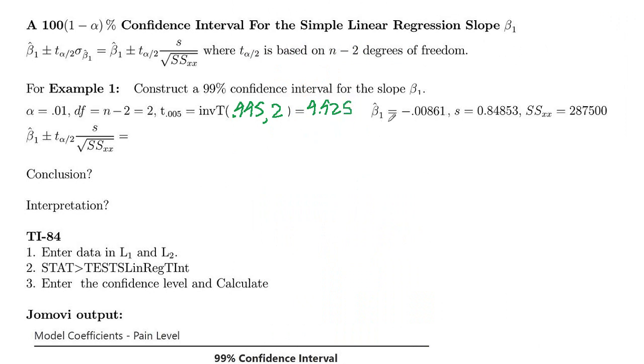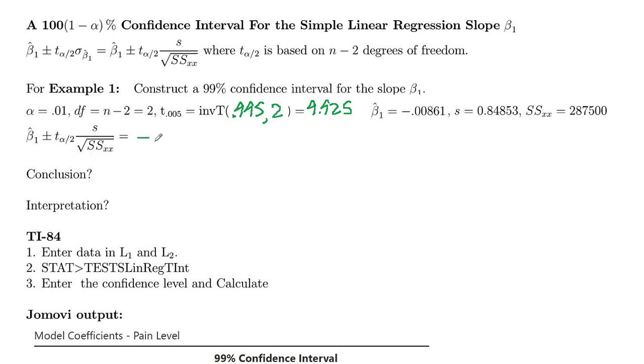And then recall that our beta 1 hat is negative 0.00861. S, the most accurate value, is 0.84853. So that was from the TI calculator. Remember, the value that we calculated by hand was off in the fourth and fifth decimal place. Sum of squares of XX was 287,500. So here's our interval.